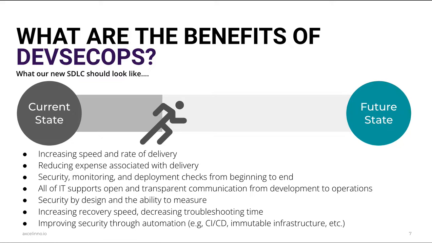Well, the other thing is you want to have security by design and the ability to measure. That goes into, for instance, software composition analysis. There's SAST and DAST and IAST, basically different types of scans. There's code coverage. There's vulnerability reports. There's all sorts of metrics that show what's really running and what the state is at any given time. And you want to be able to measure that, because that can show areas of improvement.